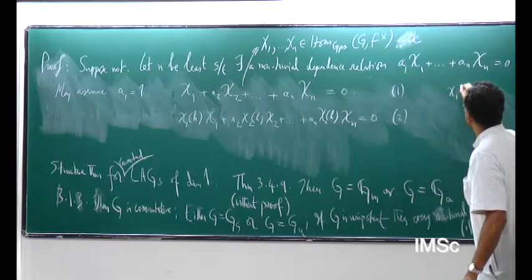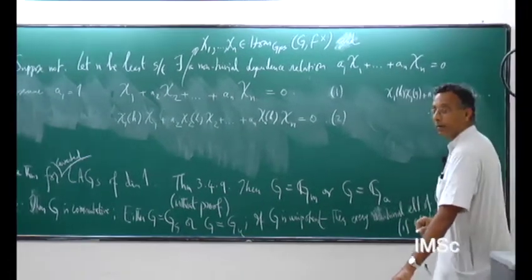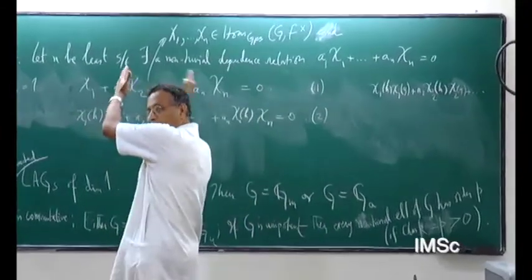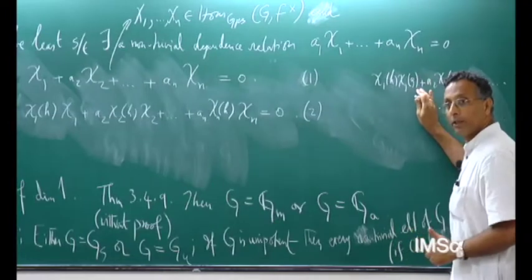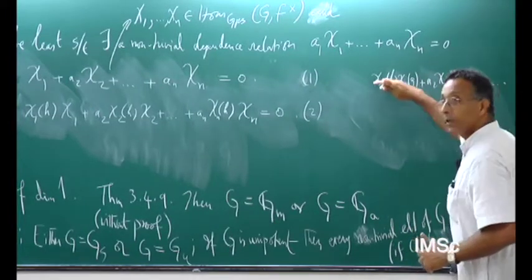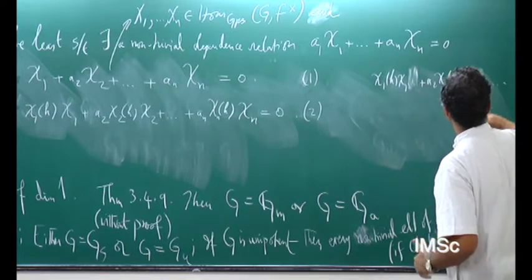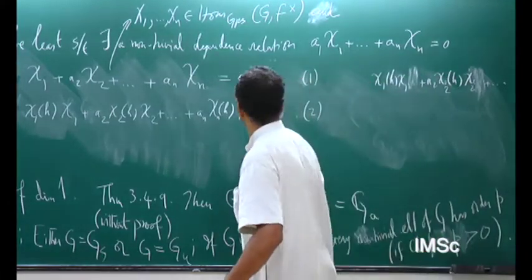So what I mean is, I can evaluate this at a point hg, and then use that chi1 of hg is chi1h times chi1g. But this holds for all g, and therefore as functions I can erase that. That's what I've done.